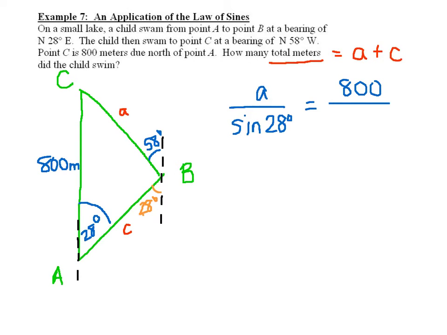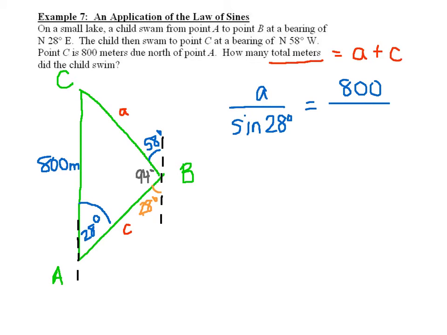So in order to figure out what angle B is, we take 58 plus 28, which gives us 86 degrees. And if you subtract that from 180, that's going to give you a total of 94 degrees. So 94 degrees is your angle B.